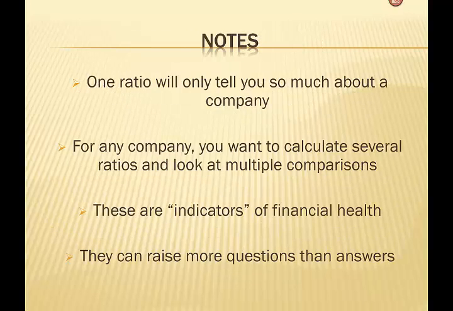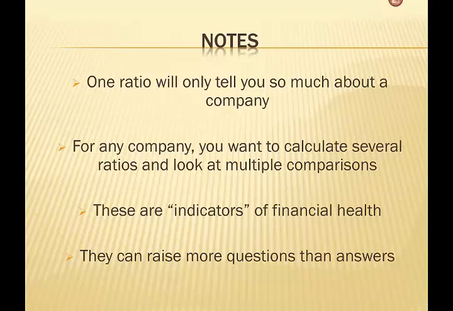So here are some notes about financial ratios, because in this particular video, I'm not getting into anything specific. I'll have other videos that focus on each one of these and certain ratios within these categories. So this is just giving you a high-level overview of these financial ratios. One thing to note is that any one ratio is only going to tell you so much about a company.